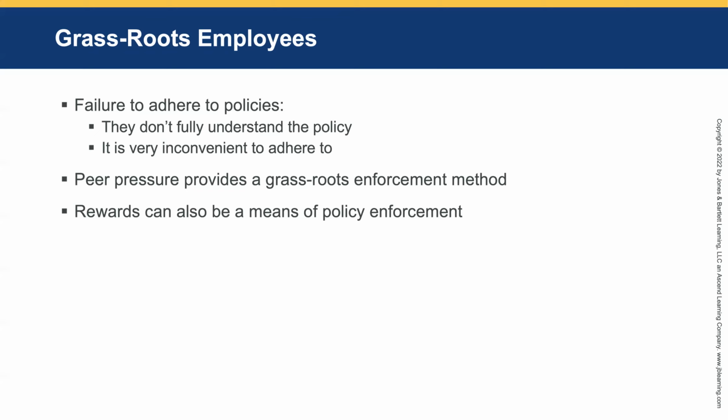And so this could happen if an employee doesn't fully understand the policy or if it's inconvenient to them. And so it's important to have good employees in place to hold other employees accountable, have a coworker or partner that ensures that all of their coworkers are following guidelines appropriately.